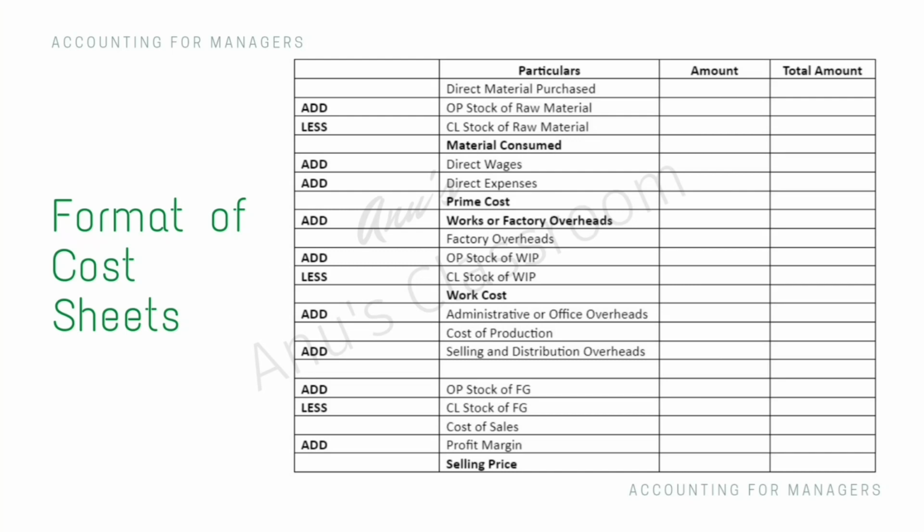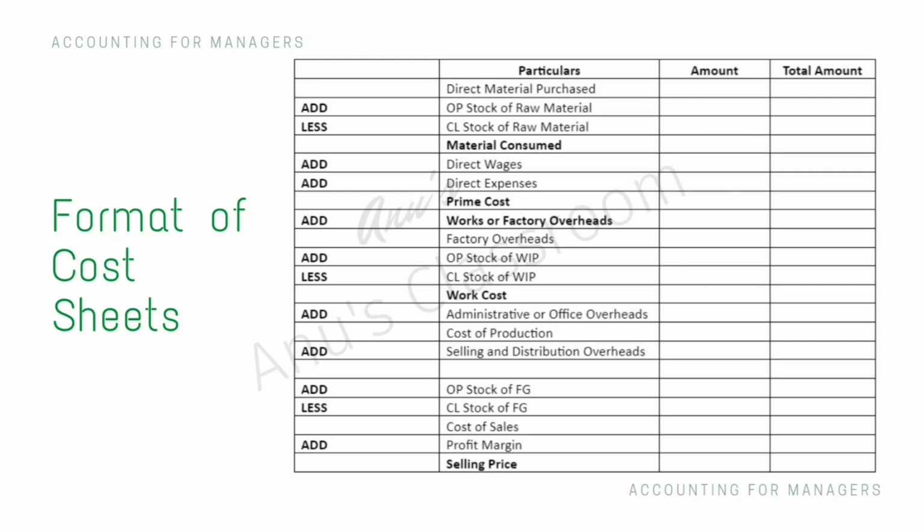For example, let us say you purchased 10,000 rupees worth of raw materials. Before you purchased, you might have had, let's say, 5,000 rupees worth of raw materials already in hand, but that was not enough for the order that you will be putting out. So you additionally ordered 10,000 rupees worth more. So now your cost of direct material purchased will become 15,000.